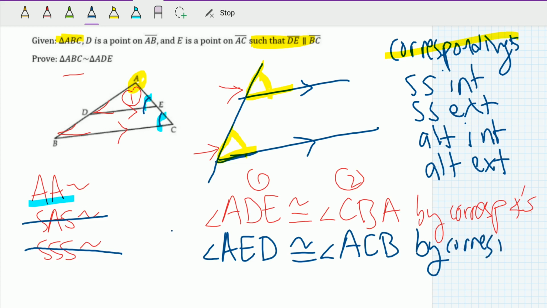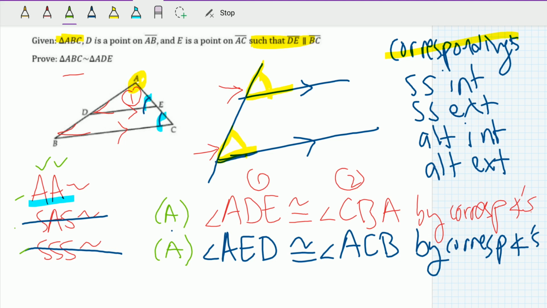By corresponding angles. This is what I like to do in my proofs: I like to use parentheses to keep myself organized, there goes the A, there goes the A. And so technically we can say that we're done, because we already showed at least one of these three, which we showed by AA.